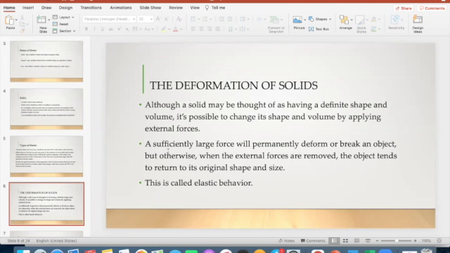All right, when the external forces are removed, the objects tend to return to its original shape and size if it's said to be elastic. Okay, so inelastic objects, pretty much they're deformed forever, so their shape is changed forever. So if it's elastic, then it bounces back. If it's inelastic, then it doesn't bounce back shape wise.